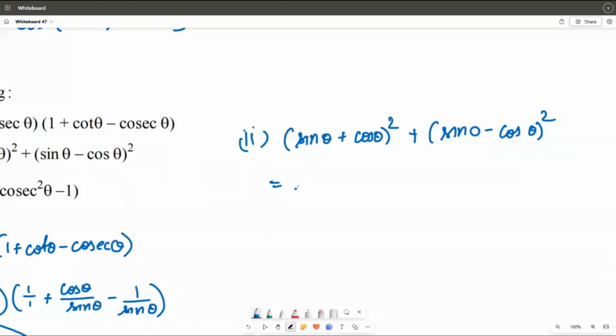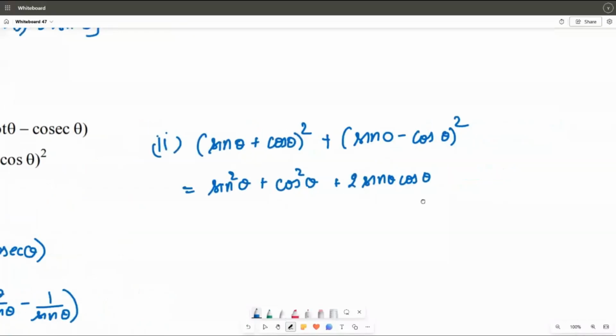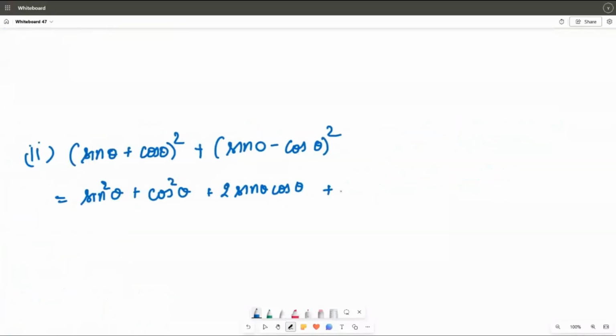This would be sin square theta plus cos square theta plus 2 sin theta cos theta. And this would be a minus b whole square. So this would be sin square theta plus cos square theta minus 2 sin theta cos theta.